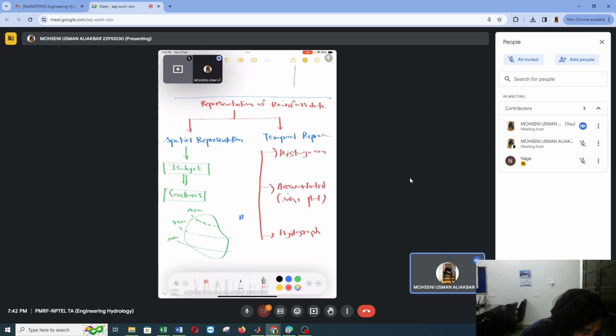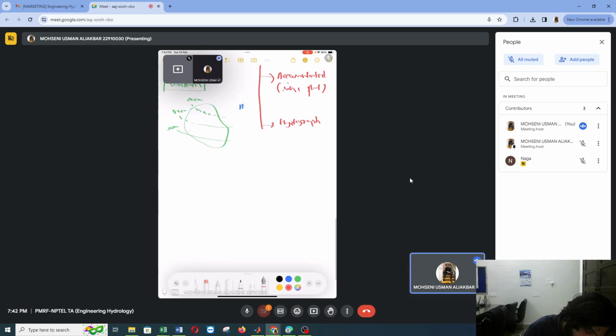So the first is representing rainfall data by a simple histogram. So what will histogram tell us? Histogram will tell us rainfall depth versus time. The plot of histogram is between rainfall depth versus time. So let us say we have time in days. We have a week, 1 week data set.